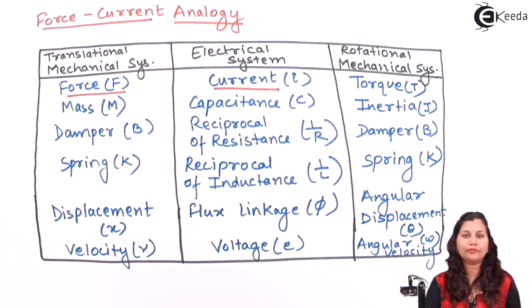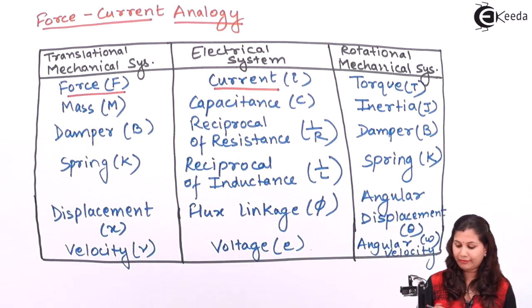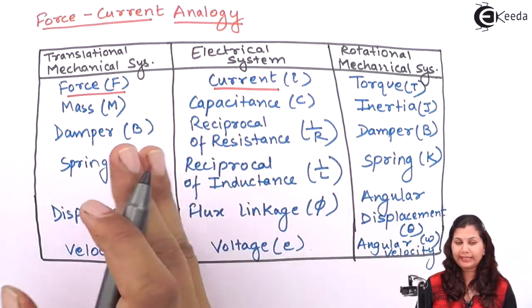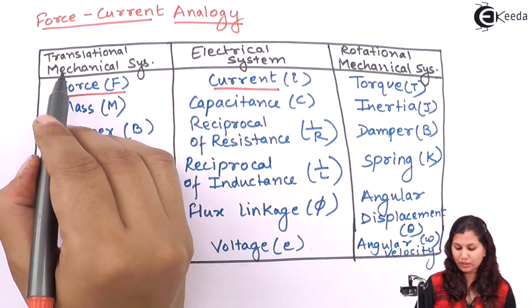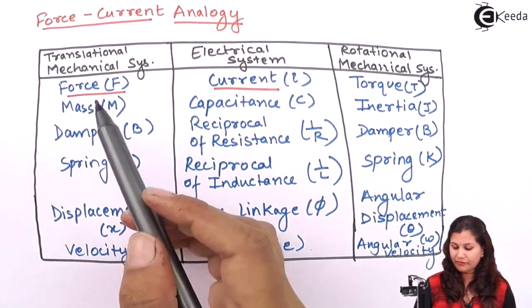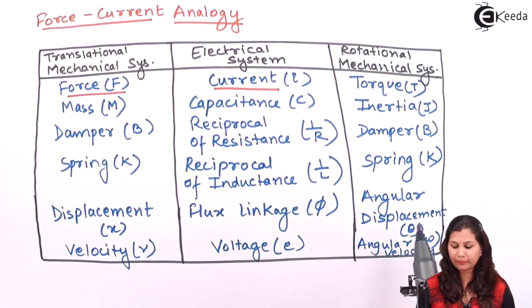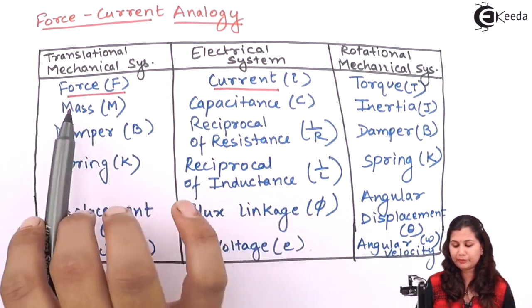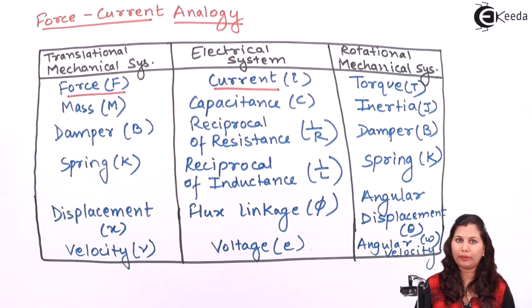That is why it is called the force current analogy. And whenever we have to find the analogous systems of translational mechanical and rotational mechanical systems using the force current analogy, we just write the equations for them and then replace the variables with their respective equivalents.